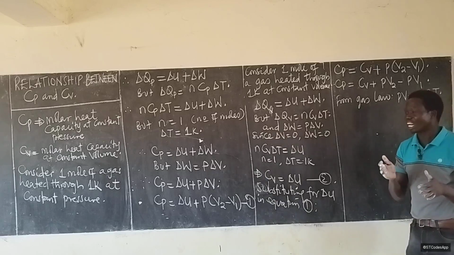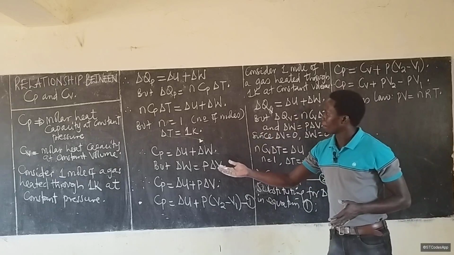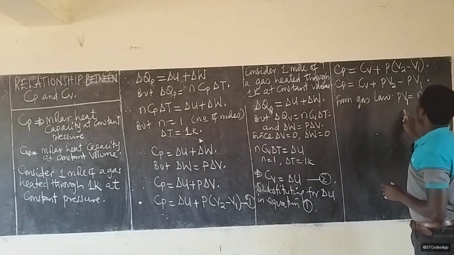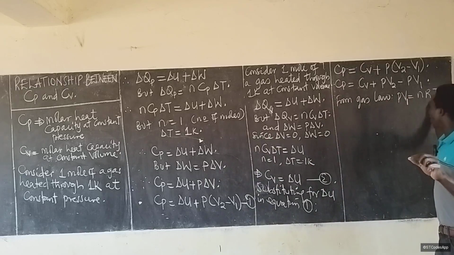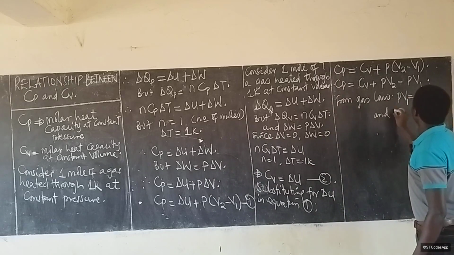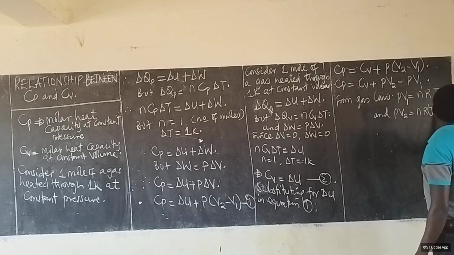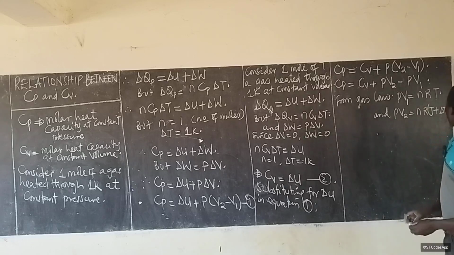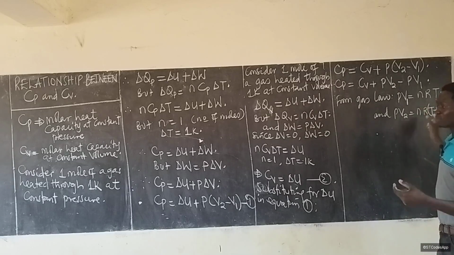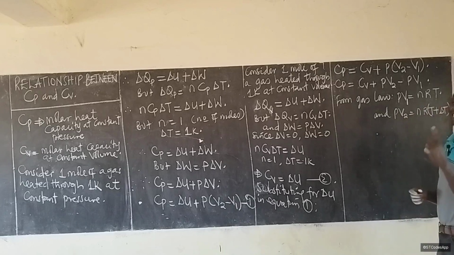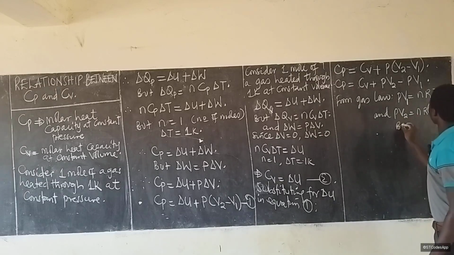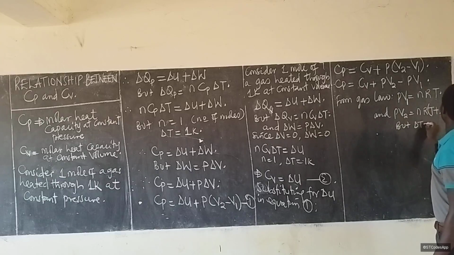Initially PV1 equals nRT when the temperature is T. And then PV2 is nRT, but now this T becomes T plus a change in T. Because T is the temperature initially when the volume is V1, and now it becomes the new temperature because we are raising the temperature of this gas through 1 Kelvin, and this change in T is actually 1.